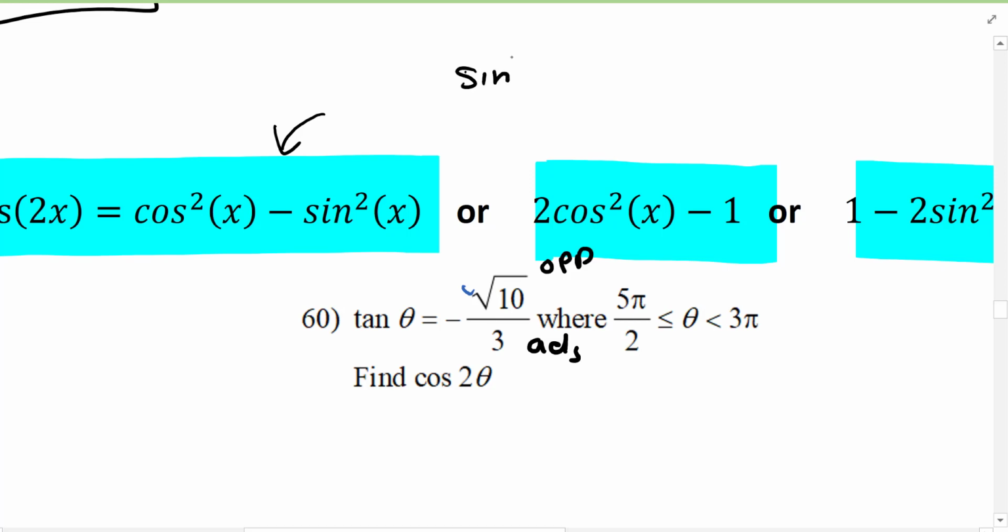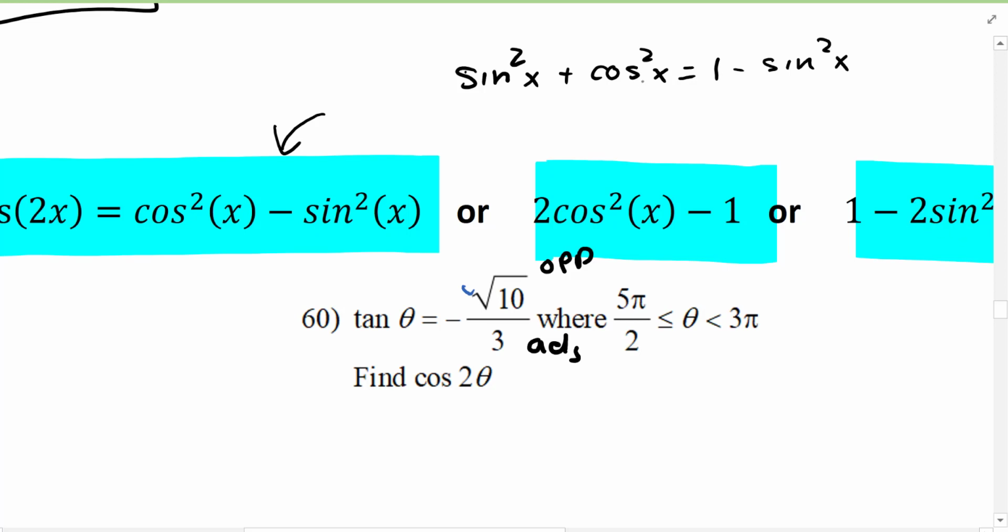Remember, sine squared x plus cosine squared x is equal to 1. Well, we can rewrite cosine squared x as 1 subtract sine squared x, and then subtract sine squared x, and this other subtract sine squared x, that's where we get the subtract 2 sine squared x.